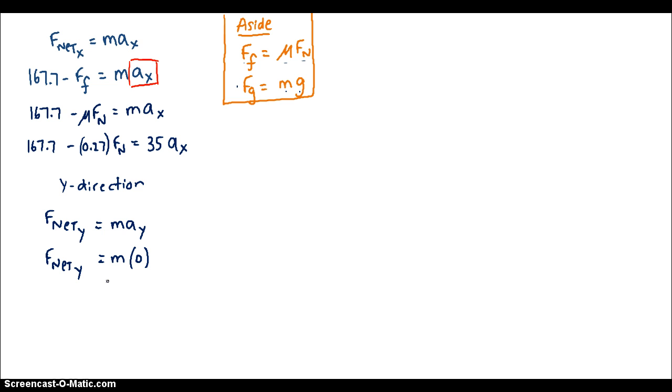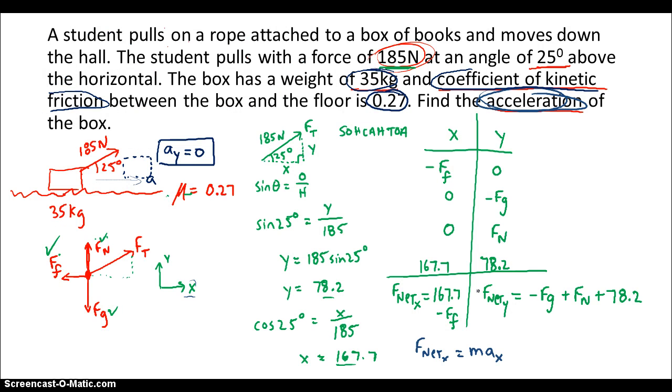So 0 times any number, well, that's just 0. So this whole right side of the equation is 0. So what this is saying is if I add up all my forces in the y direction, F net y, I should get 0. So let's look at our forces in the y direction. We've already written them down right here.